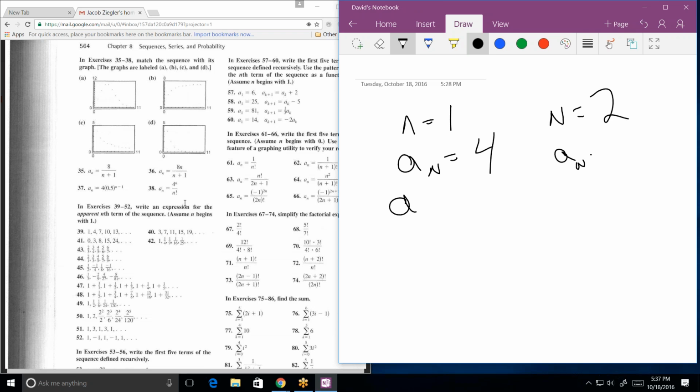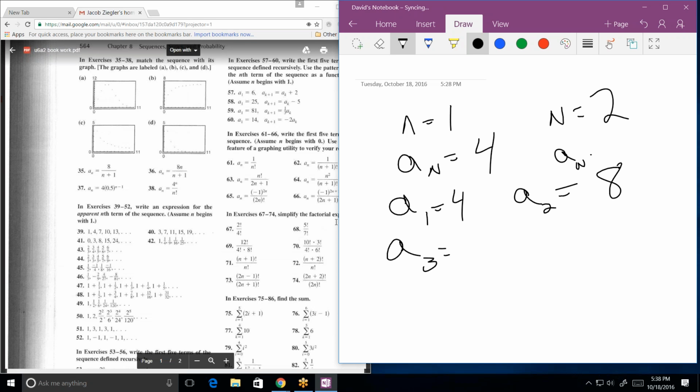So we have a sub 1 equals 4. A sub 2 equals 8. What's a sub 3 equal? What's 4 cubed?